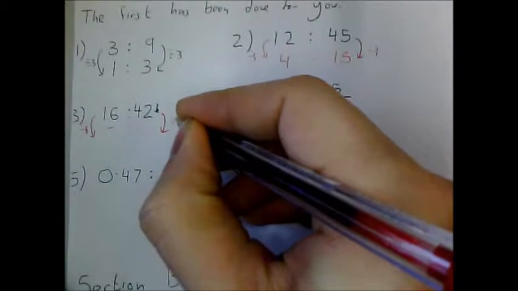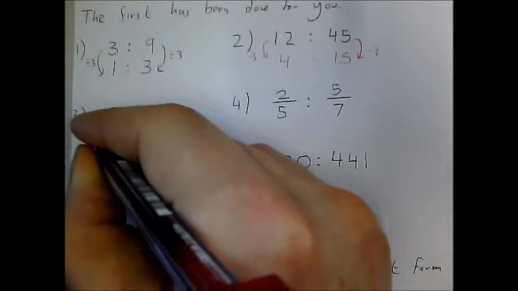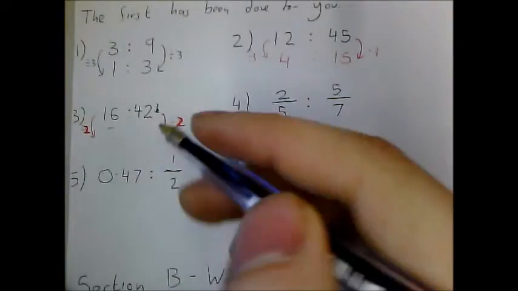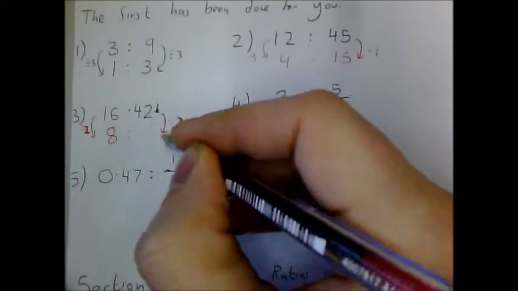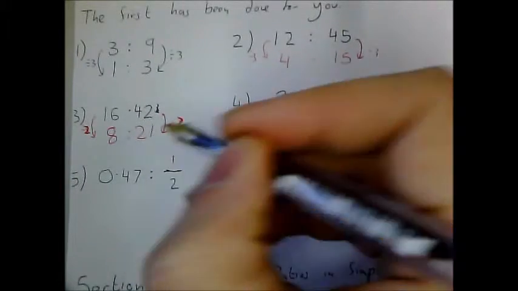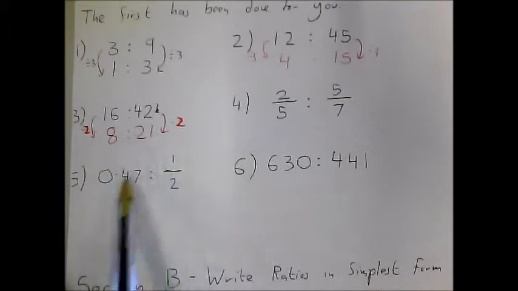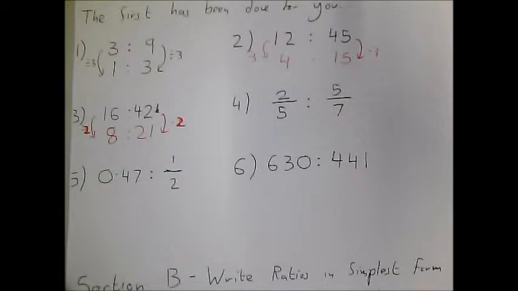No, 8 doesn't go into it, beg your pardon. It's going to be 2. My mistake. So 16 divided by 2 is 8, and 42 divided by 2 is 21. Okay, and then 21 only has factors of 3, 7, 1 and 21, and 8 doesn't share those factors, so job done for that one.